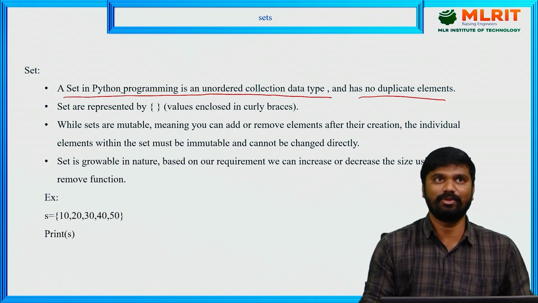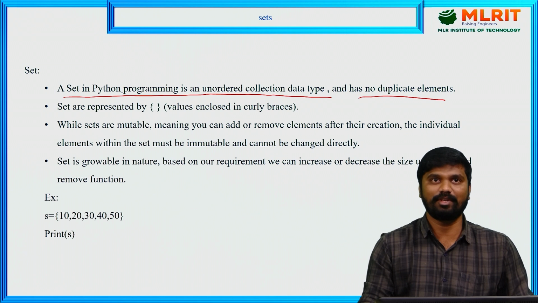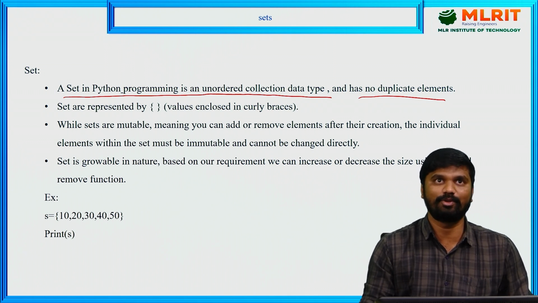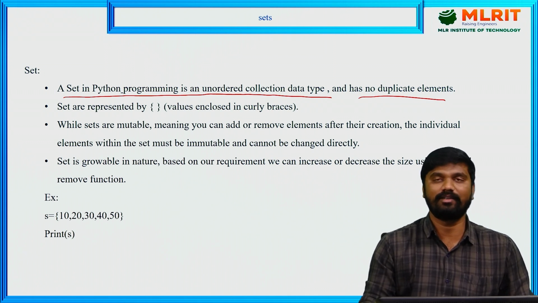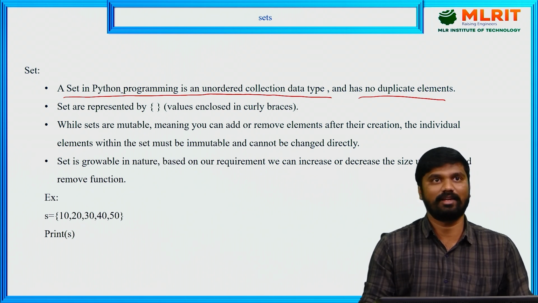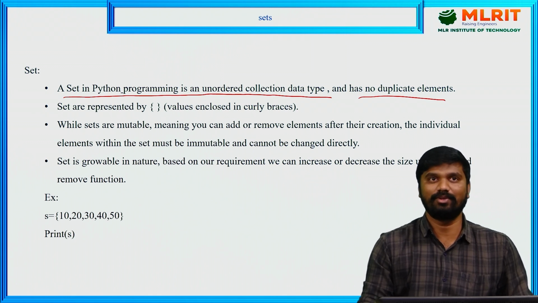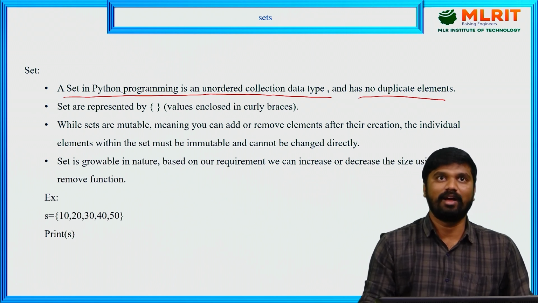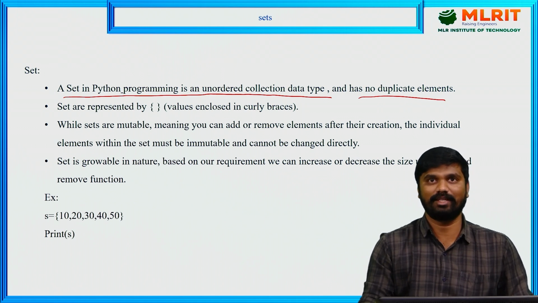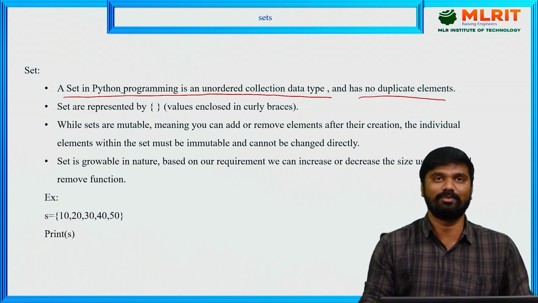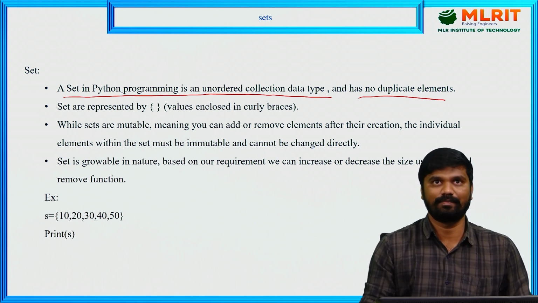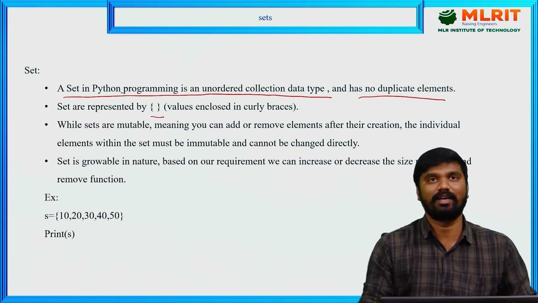If you want to represent a group of values that is unordered and where duplicate elements are not allowed, then we can use the set data type. Unordered collection means we don't know in which order the set will store the elements. Duplicate elements are also not allowed. A set is represented with curly braces.